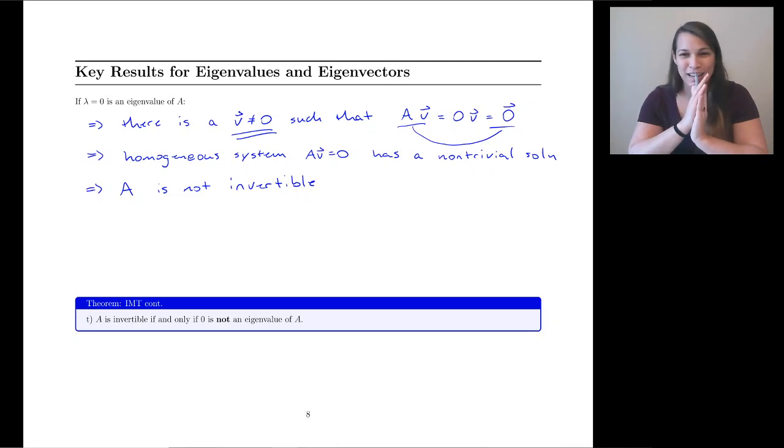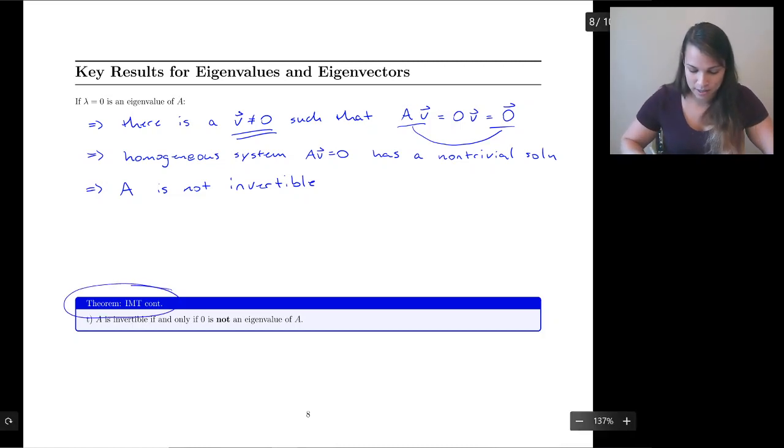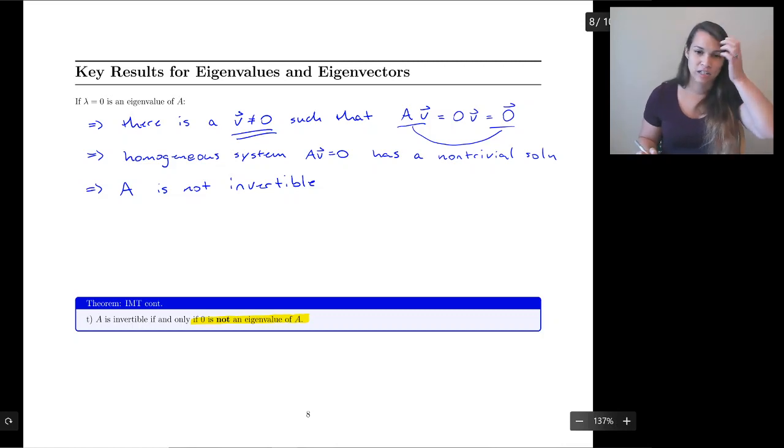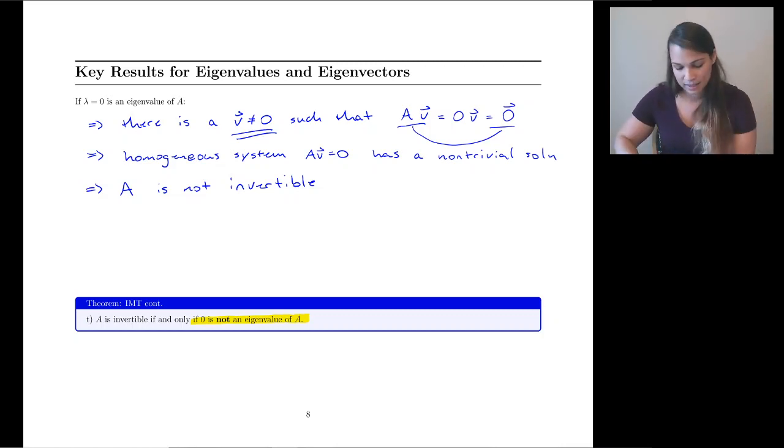So that means we have more food for our IMT monster, basically. Here we go. Theorem, IMT continued. A is invertible if and only if 0 is not an eigenvalue of A. So we can just add this statement of 0 is not an eigenvalue of A to our IMT.